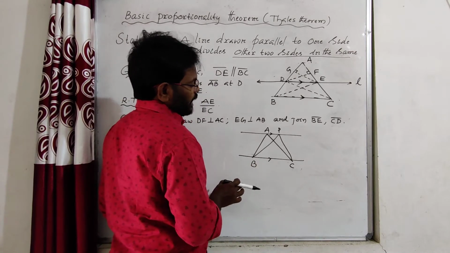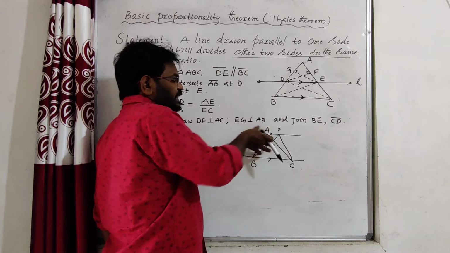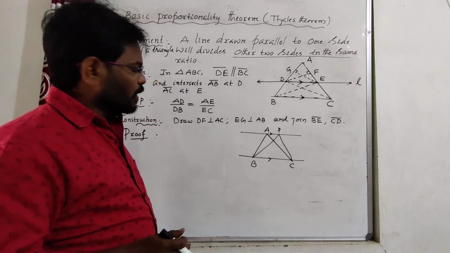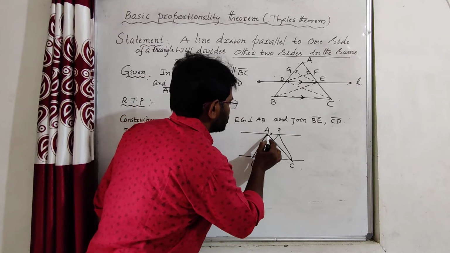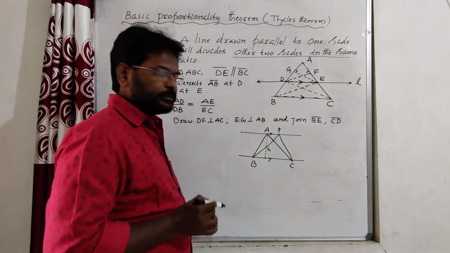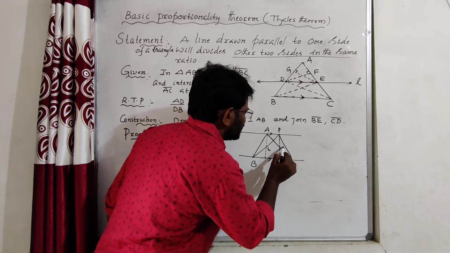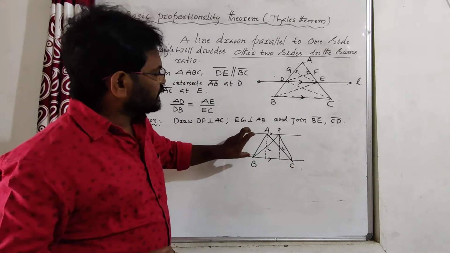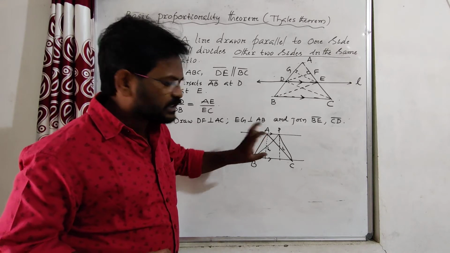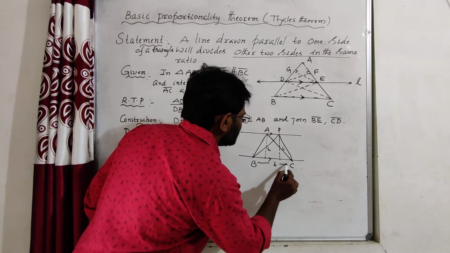Both have the same base BC and lie between the same parallel lines. So the perpendicular from A to BC is H. If you draw a perpendicular from P to BC, it is also H only, because the distance between parallel lines is always the same. So BC is B.